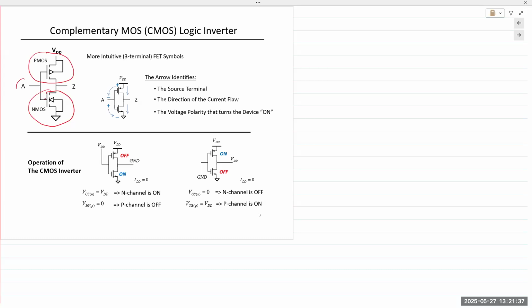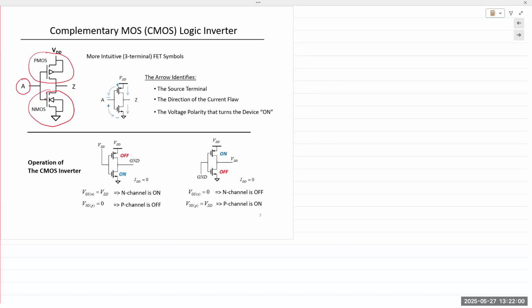So if you want to create an inverter, you connect both the gates together. The key thing is they're complementary to each other. So if you apply the same input to both the NMOS and the PMOS at the same time, one of the transistors is going to turn on, the other one is going to turn off.